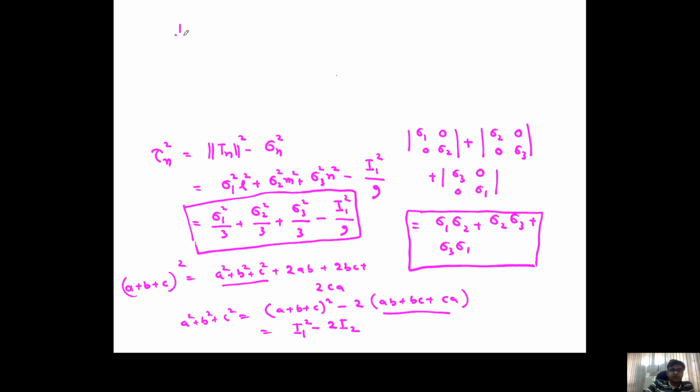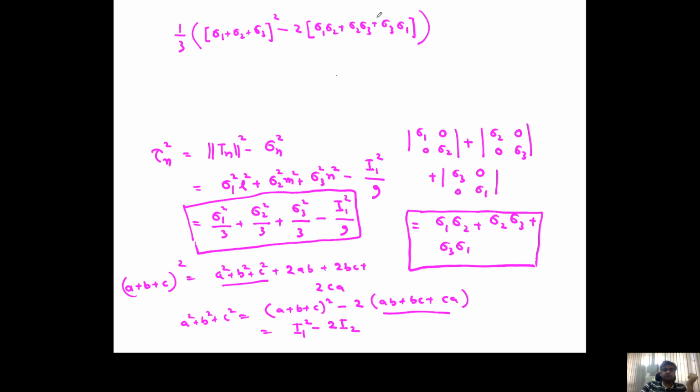Okay, so I have 1 by 3 outside. And then inside I have sigma 1 square plus sigma 2 square plus sigma 3 square, which is sigma 1 plus sigma 2 plus sigma 3 whole square minus 2 times sigma 1 sigma 2 plus sigma 2 sigma 3 plus sigma 3 sigma 1, right?